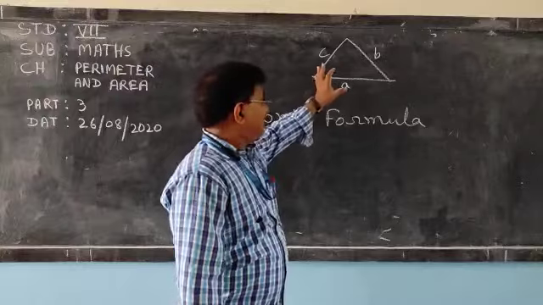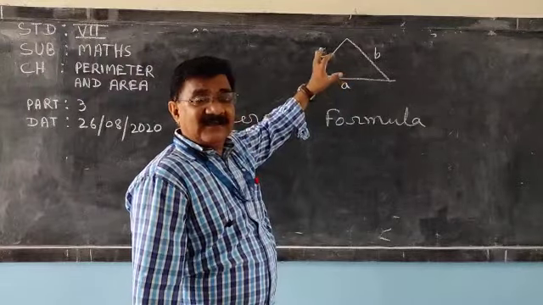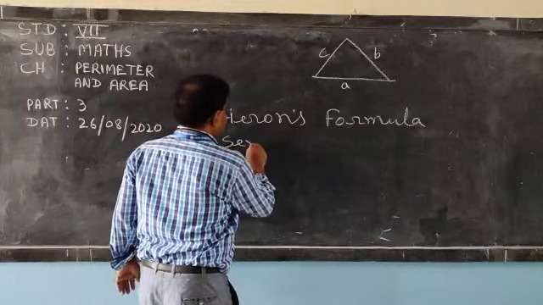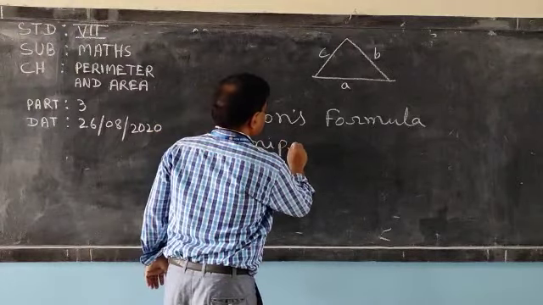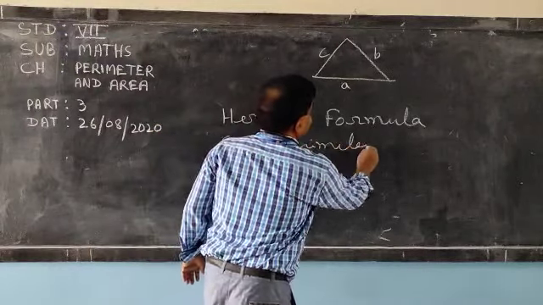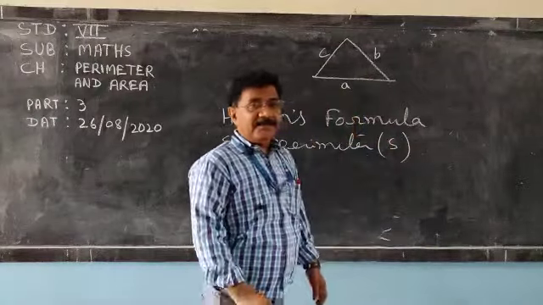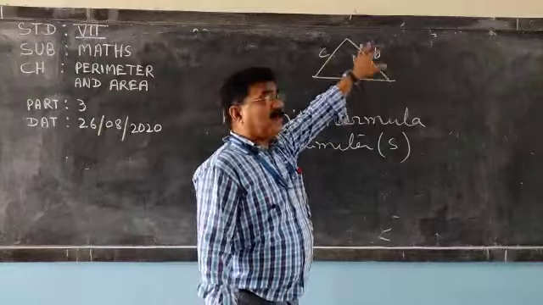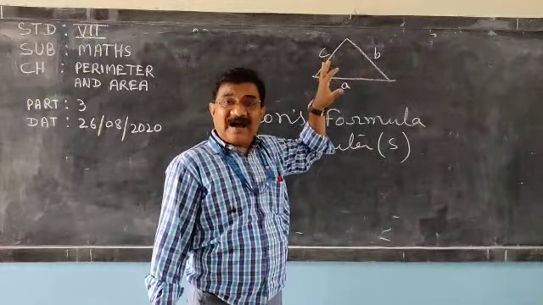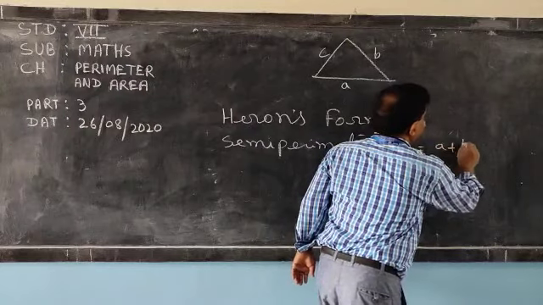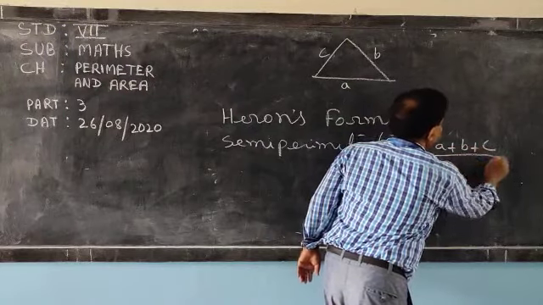Heron's formula, you have to find the semi-perimeter. Not perimeter, semi-perimeter means a small s, and semi-perimeter will be sum of all the sides by 2, means a plus b plus c by 2.